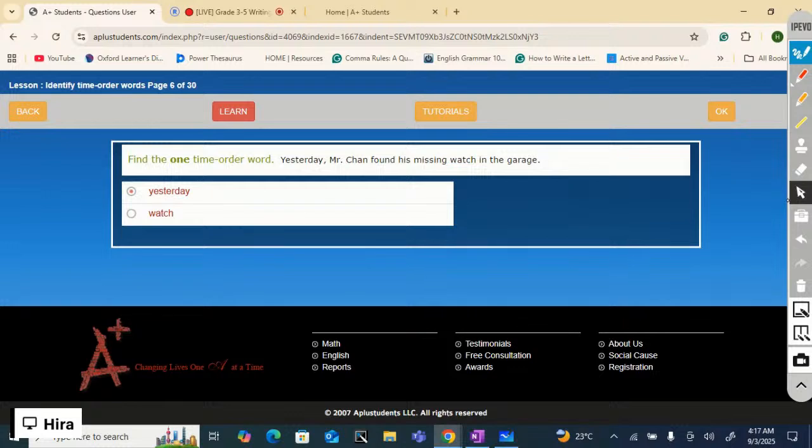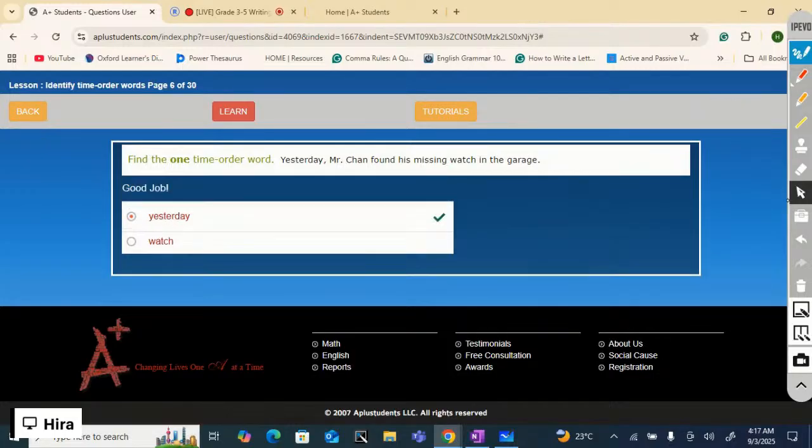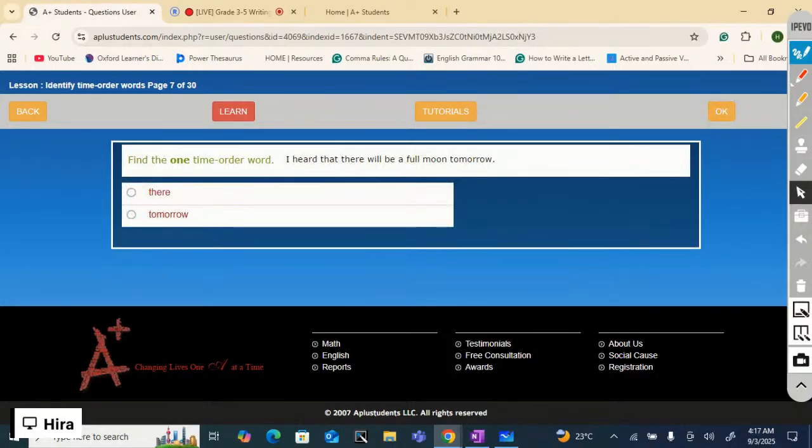Yes, it's option one. Yesterday. Yesterday is a time order word and it shows past tense. No need to give your answer repeatedly, just one answer is enough.